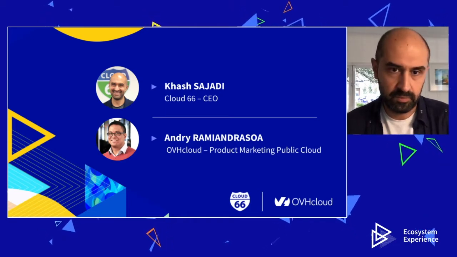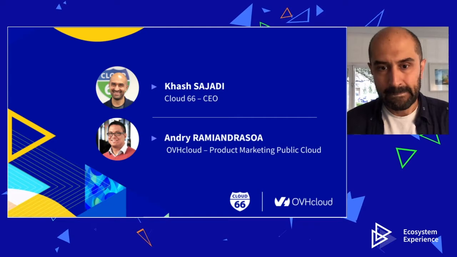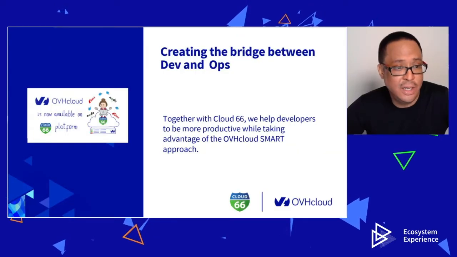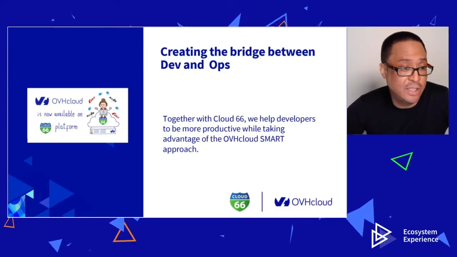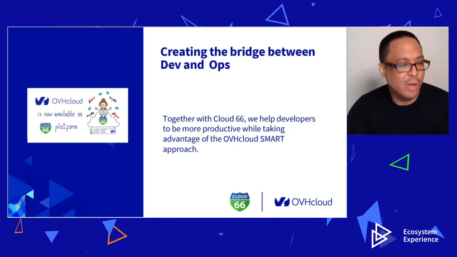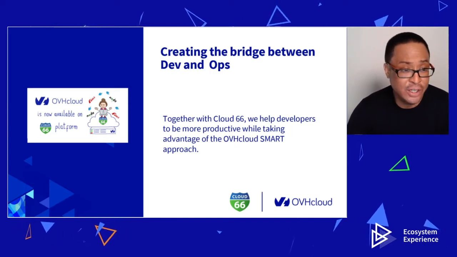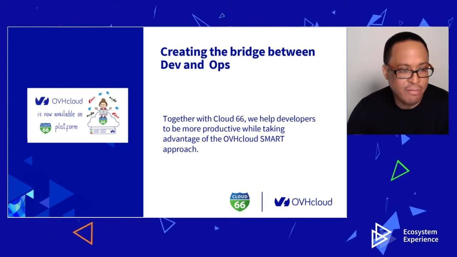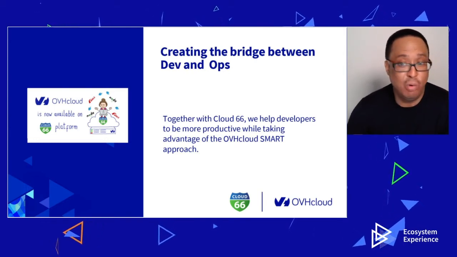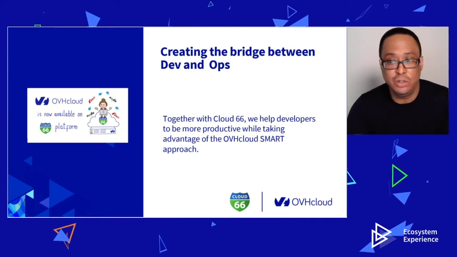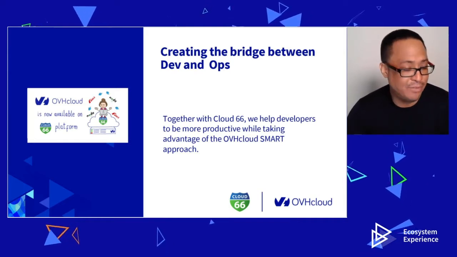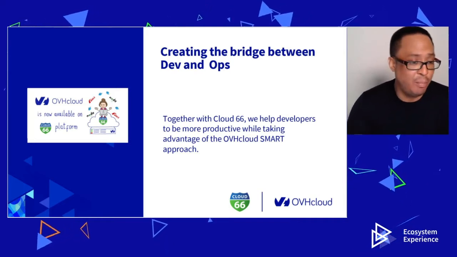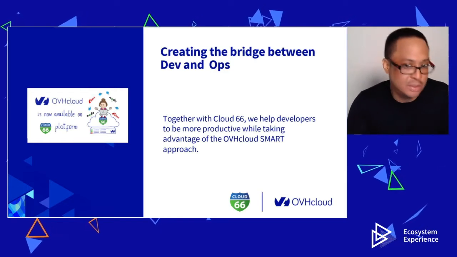Thank you, Cash. We at OVHcloud are really excited to have you here with this partnership with Cloud 66. Basically, what we are seeing today is that all organizations are producing software in some sort. However, in many cases, the way applications are produced and then pushed into production still has some conflicts between developers and DevOps or Ops.